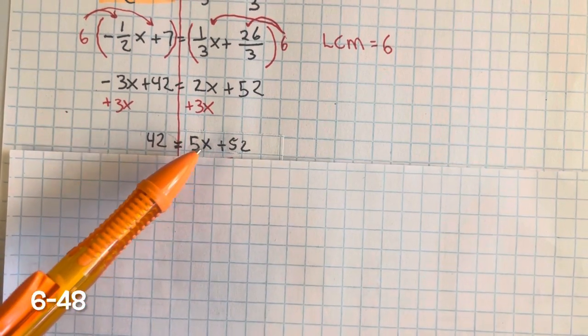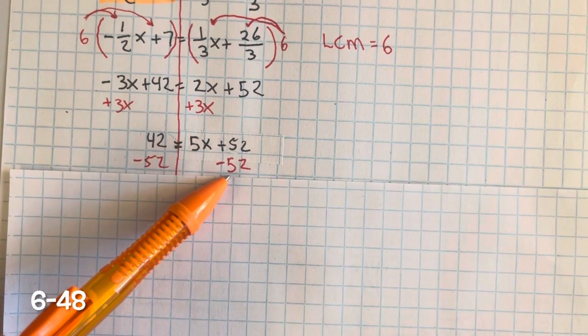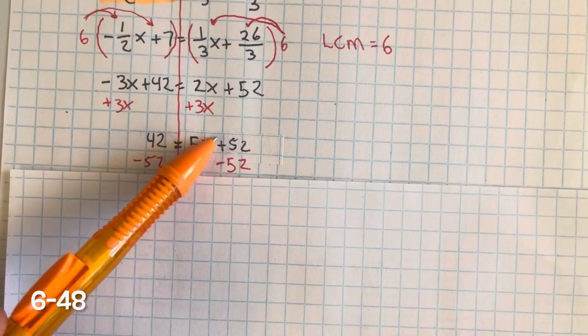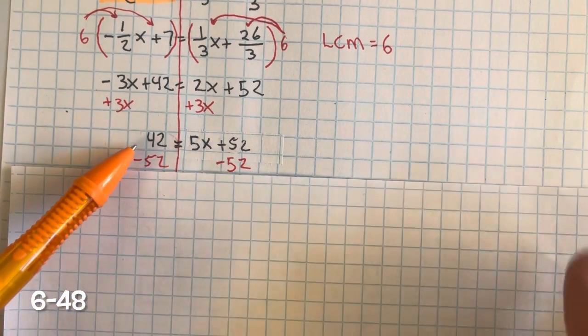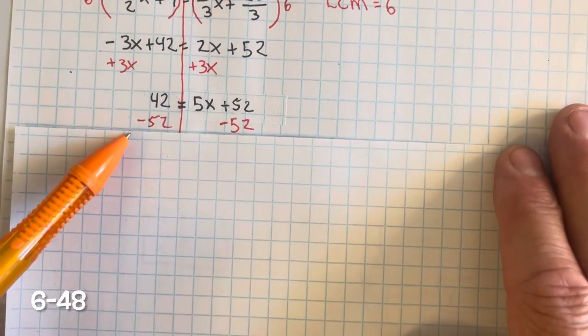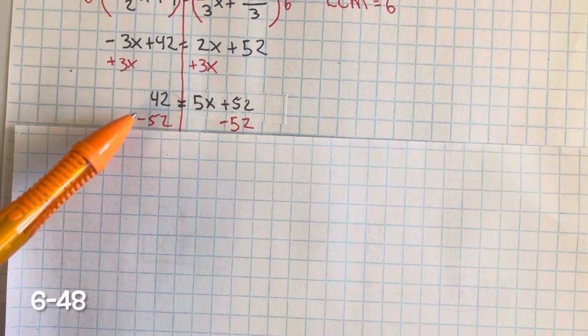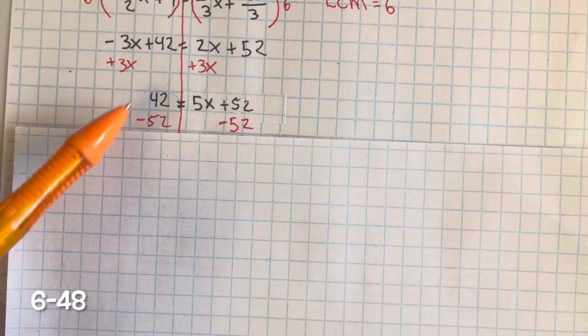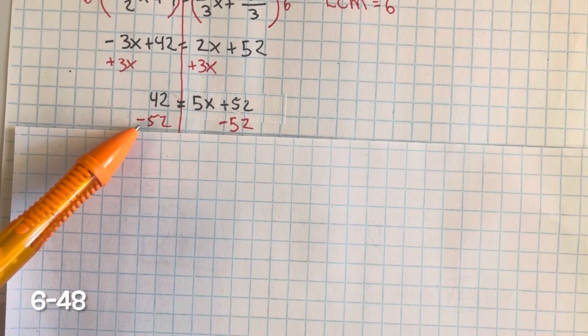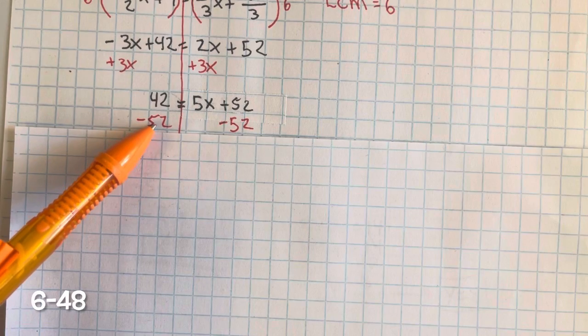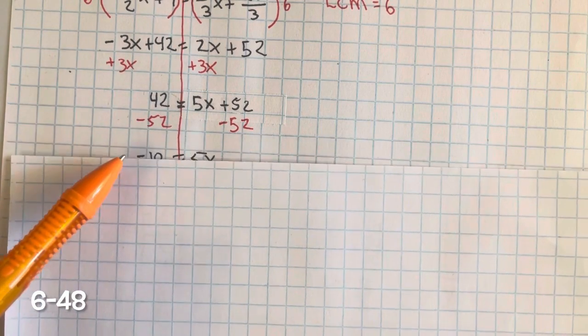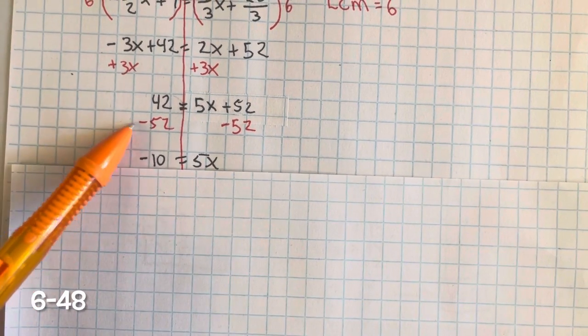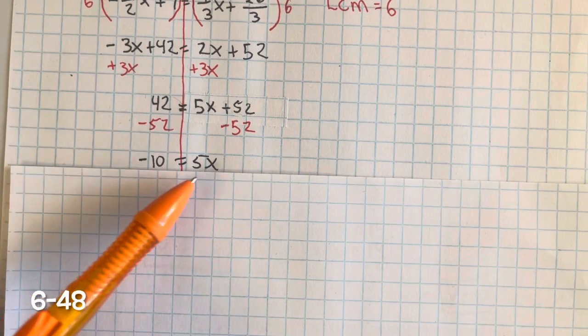Inverse property of addition is subtraction, so we subtract 52 from both sides. 0 pair. 42 minus 52, we have more negatives than positives, so we know it's going to be a negative value, and the signs are opposite, so you subtract. 52 minus 42 is 10, so it's negative 10, because you have more negatives than positives.